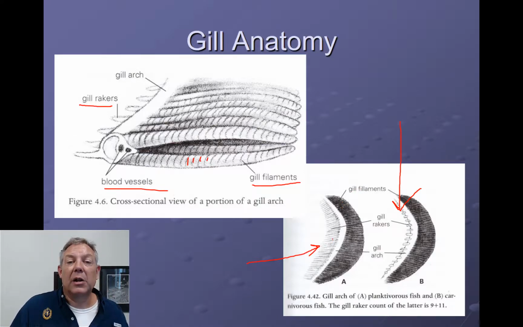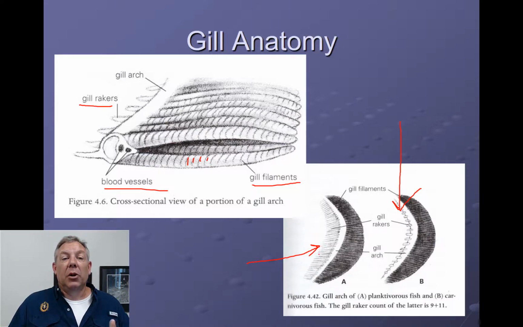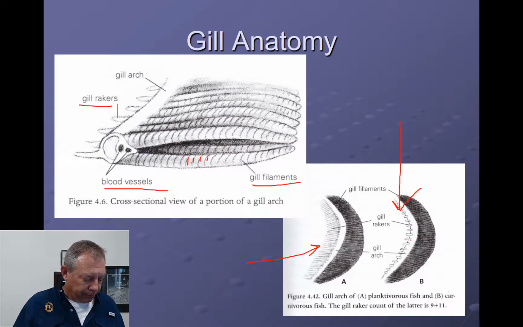Mucus collects on there with the food, and then they're able to work that into the throat and swallow it. So with these fine rakers, you're looking at more of a planktivorous fish that's filtering small things out of the water, whereas a piscivorous fish doesn't necessarily filter the water. It might use these rakers to help hold its prey in the throat.